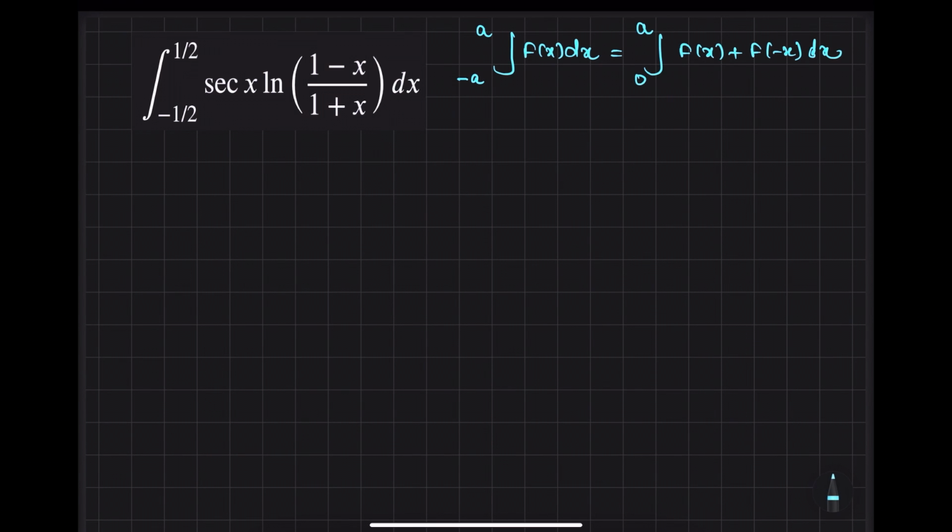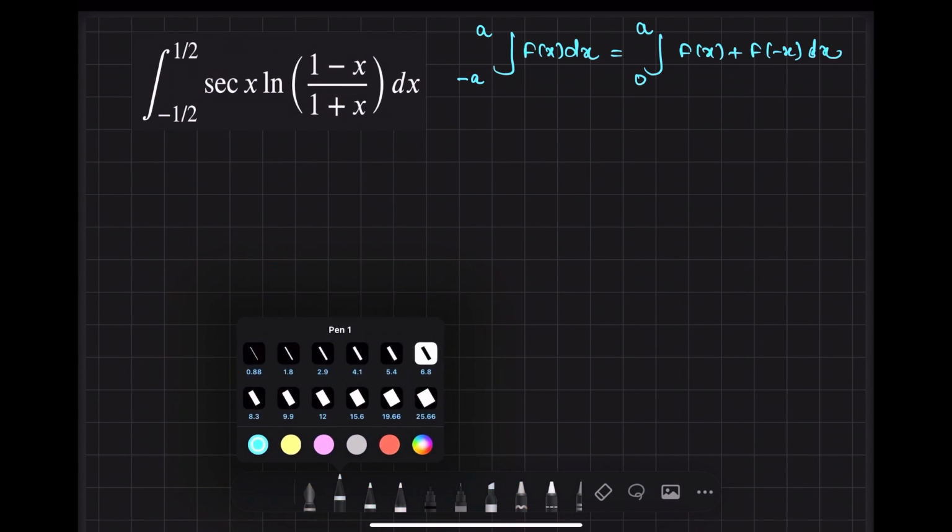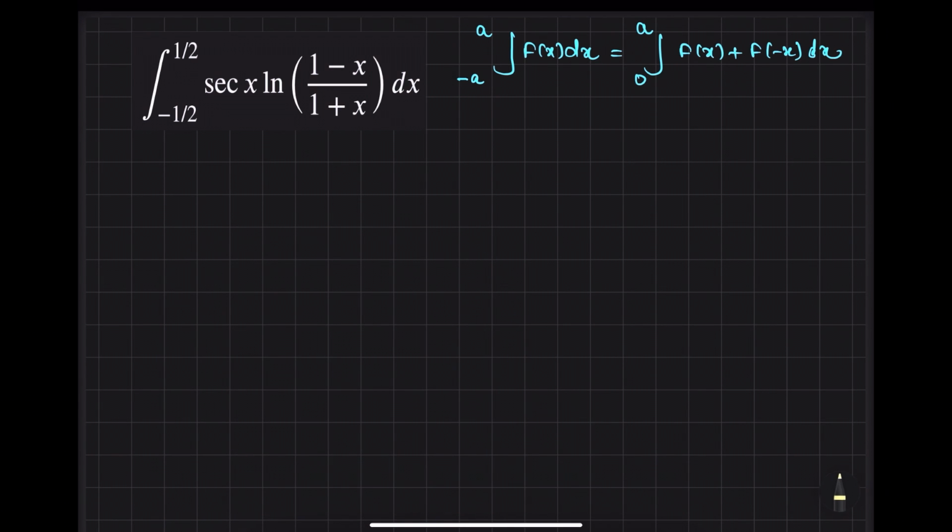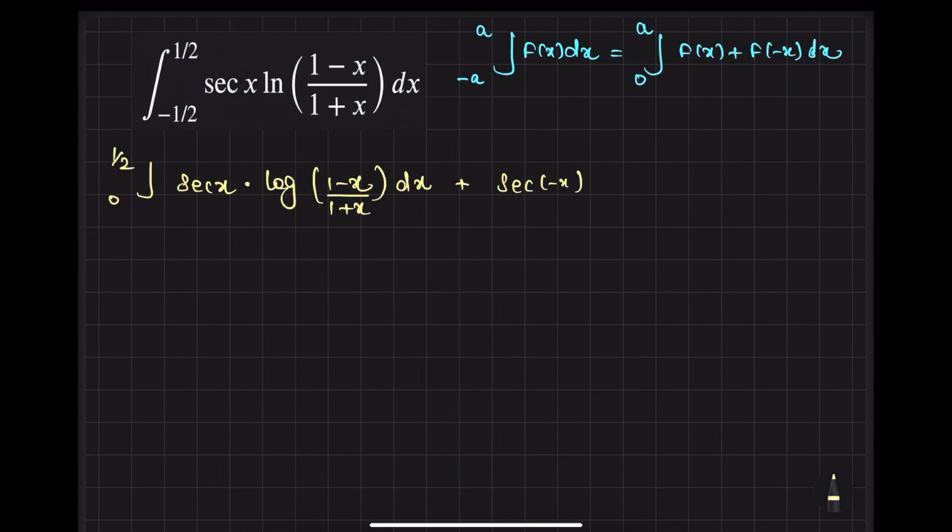Now let's apply the given property in this illustration. So what we will find, look here. It is integral from 0 to 1 by 2 of sec x log((1 minus x) upon (1 plus x)) dx plus, now you have to replace x with minus x, so it will become sec(minus x) log((1 plus x) upon (1 minus x)) dx.